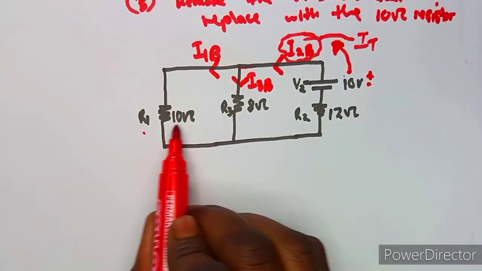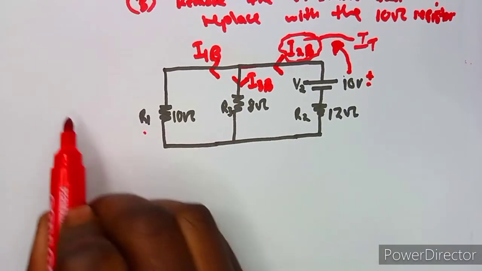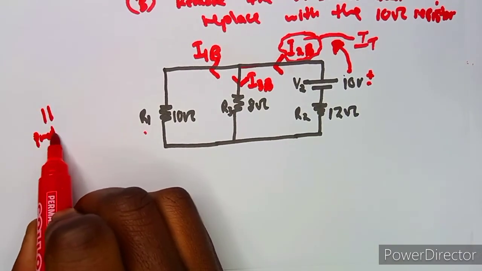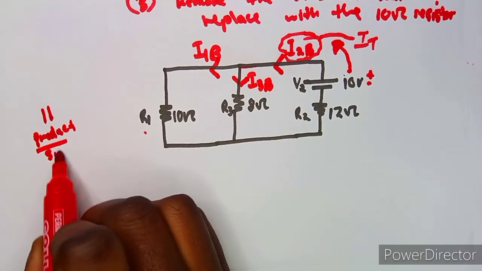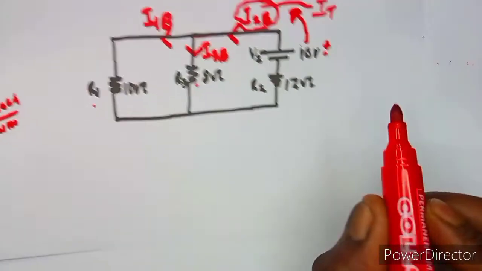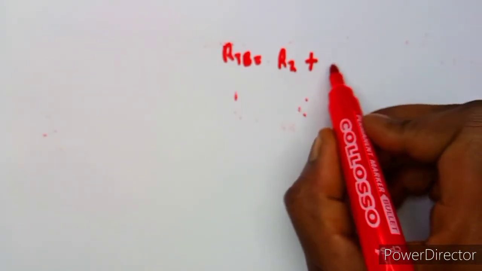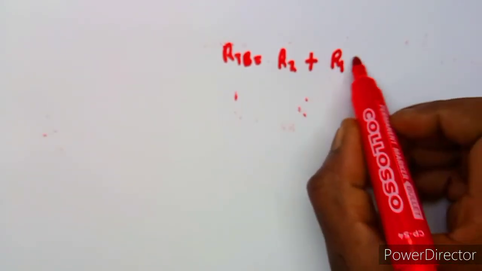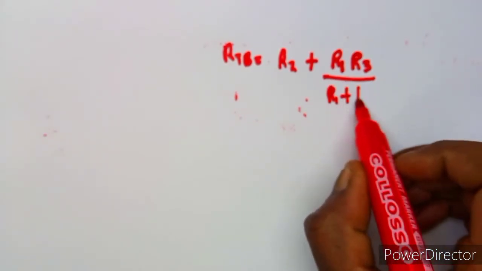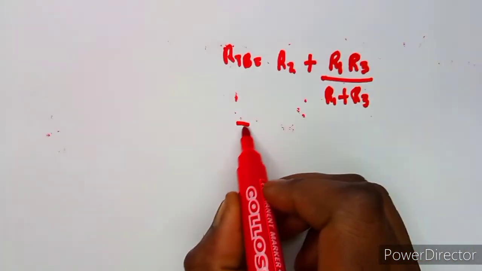As you can see, these two are in parallel. Whenever you're working with parallel, it's always about the product over the sum, always product over sum. So you can just find your product over sum, which is R1 and R3 this time. So it's R1 R3 over R1 plus R3.